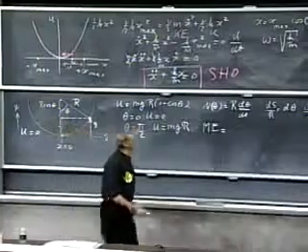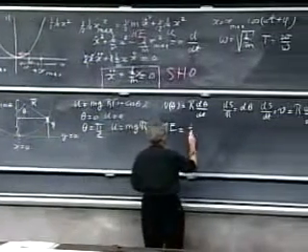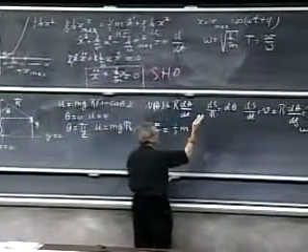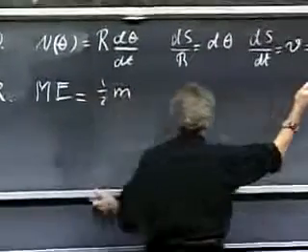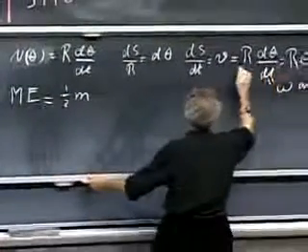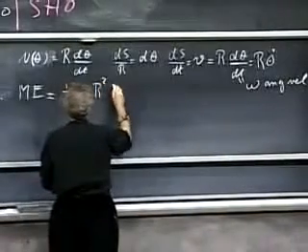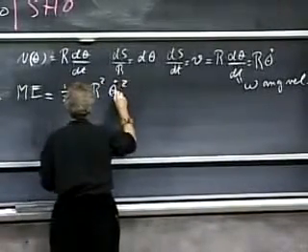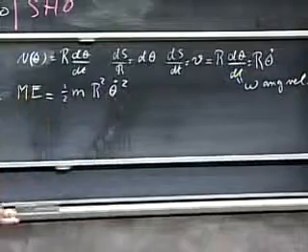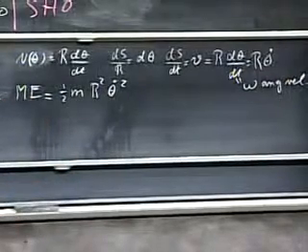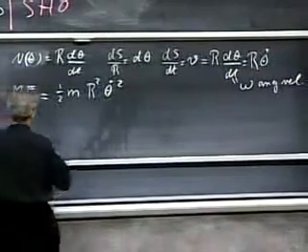So that is going to be 1/2 mv squared at a random angle theta, and this is v, so that is r squared times theta dot squared. This is simply 1/2 mv squared, nothing else. So this is the kinetic energy.